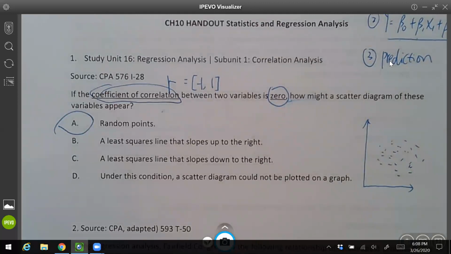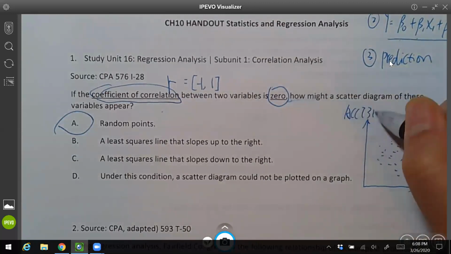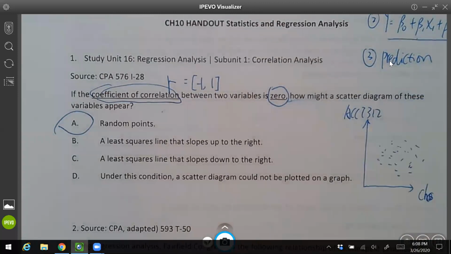Like eating chocolate and your Accounting 312 exams. It doesn't mean you eat more chocolate, you will have a higher or lower grade.